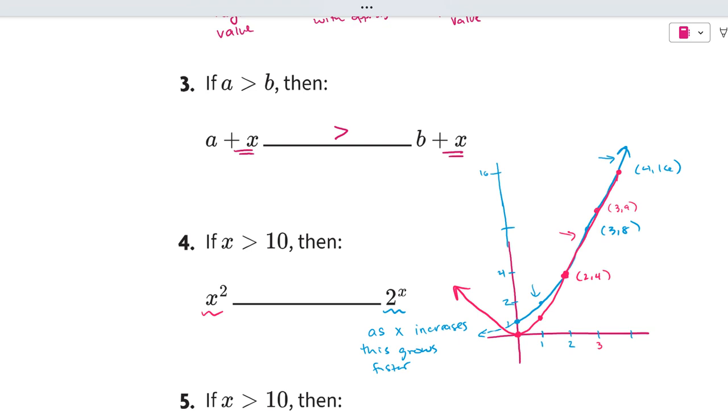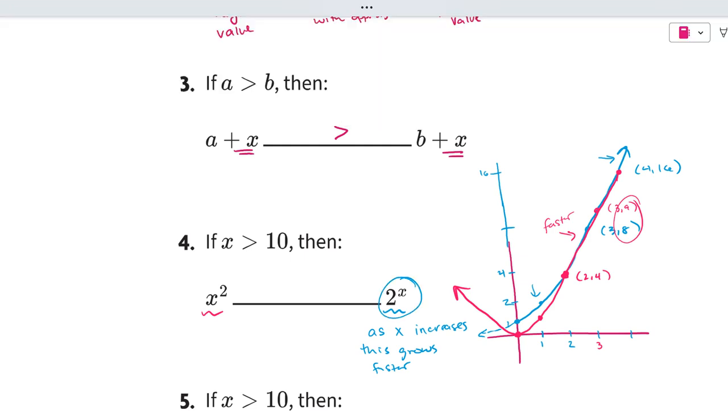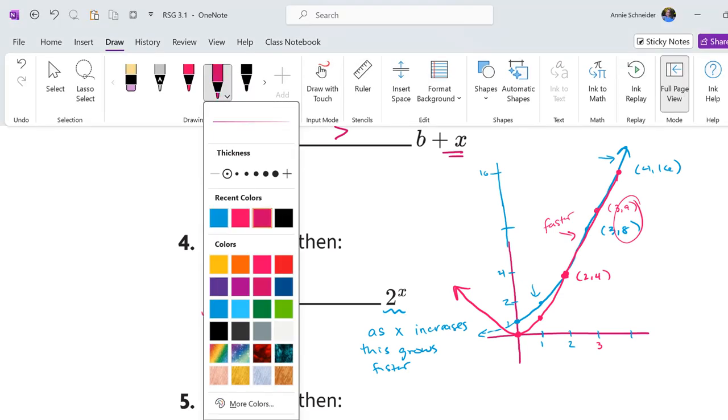Now my drawing doesn't make it look like it, but we can see right here that at that 3, 9, the quadratic has a higher output value. So this one is actually faster in between that interval. But we only care about x being greater than 10, and since our exponential grows much faster as we get larger and larger and larger, bigger values of x, that one is going to be the greater value.